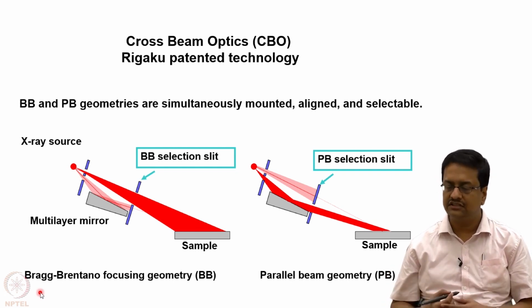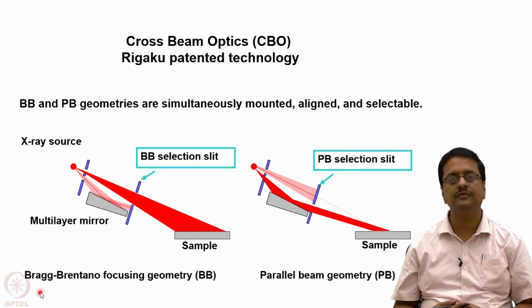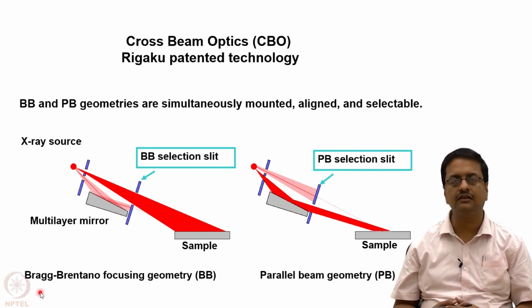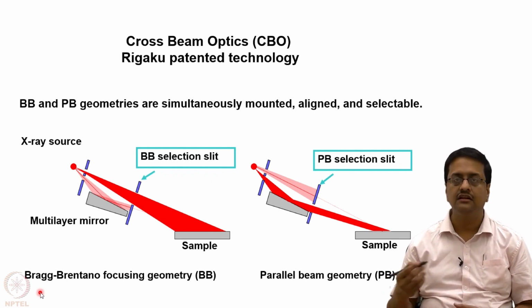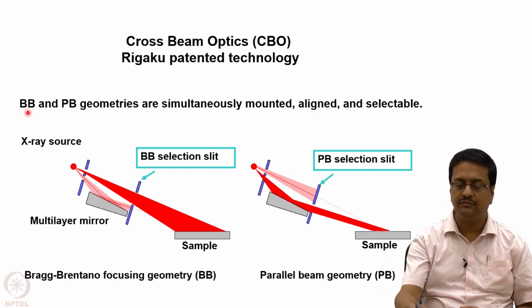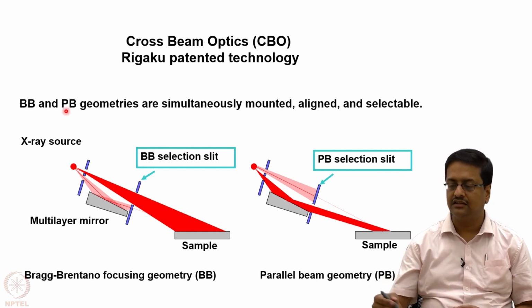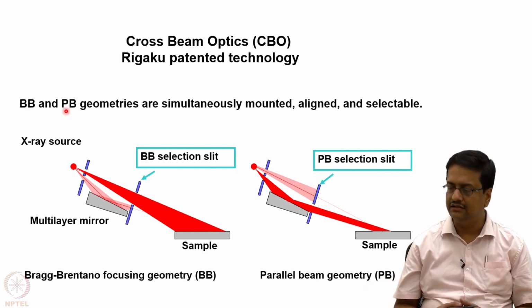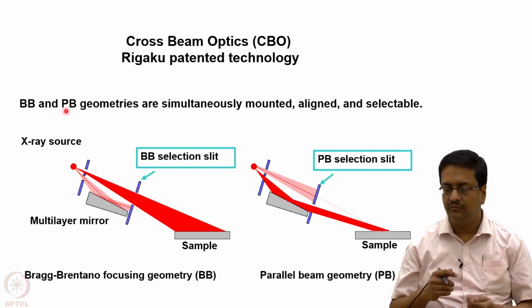So this schematic diagram shows the cross beam optics, which is a patented technology by Rigaku Corporation. Now it is Rigaku Oxford Diffraction. The BB is Bragg-Brentano and PB means parallel beam geometries are simultaneously mounted and aligned, and they are selectable by a change of slit.